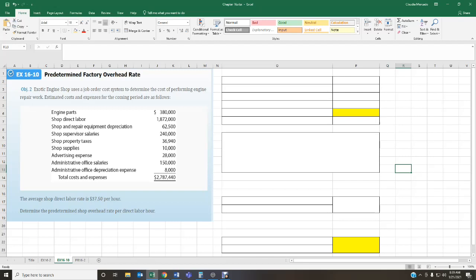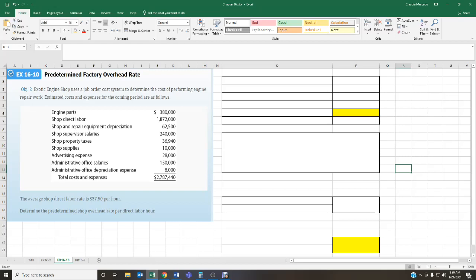So factory overhead entails a variety of things. The first one is indirect materials. If you have indirect materials associated with the factory, that is overhead. Indirect materials are any materials needed to make a product but that are not directly traced to the product. We also include indirect labor.